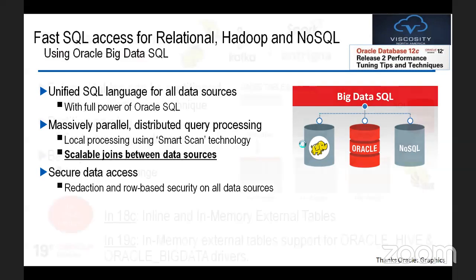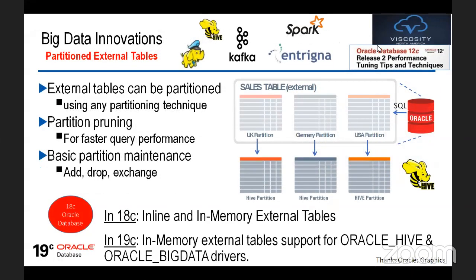But they extended it in release 2 so that those external tables could also be partitioned. So now I could make that Hadoop very fast, or that Hive or whatever, that NoSQL database very fast by partitioning it. And you could see that only gets better in 18 and 19.